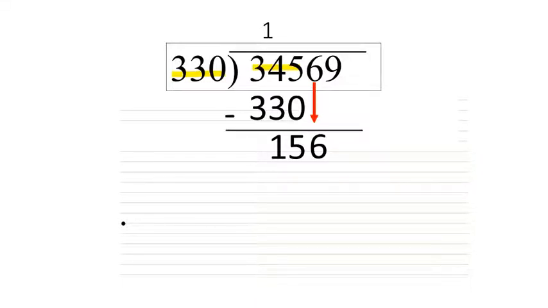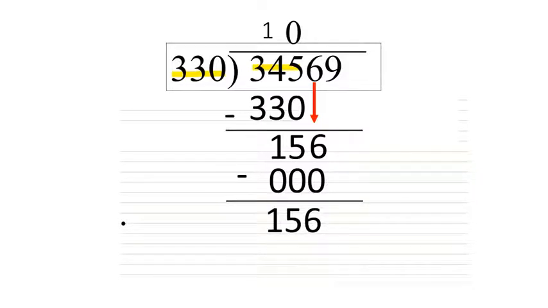So now we should take 330 zeros are 0, because 330 ones are 330, and that is greater than 156. So now subtract it, and now we will bring down this 9.